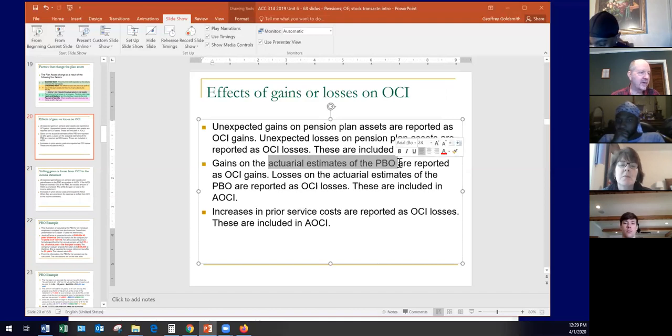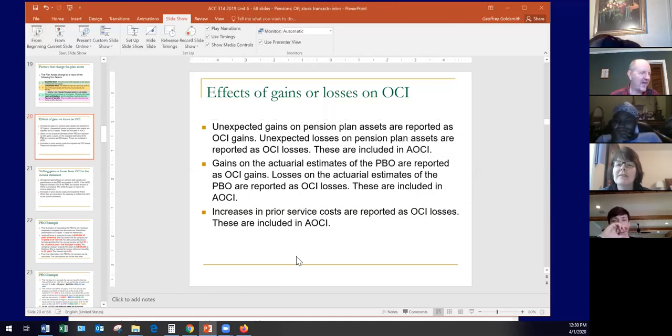Okay, actuarial estimates of the PBO. Remember what that is? We talked about it last time. What does PBO stand for? Projected benefit obligation.